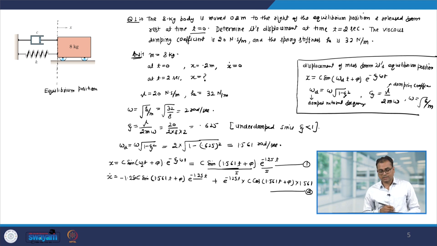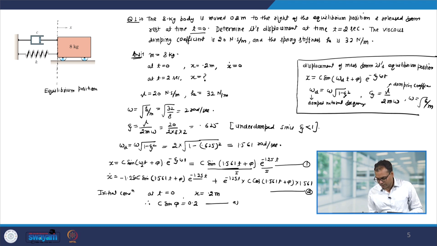Now, initial conditions are given. So, at t equal to 0, x is 0.2 meter. Let me put this in equation number 1. At t equal to 0, we will have c sin phi equal to 0.2. Let me call this equation number A. Now, let us use the other condition.